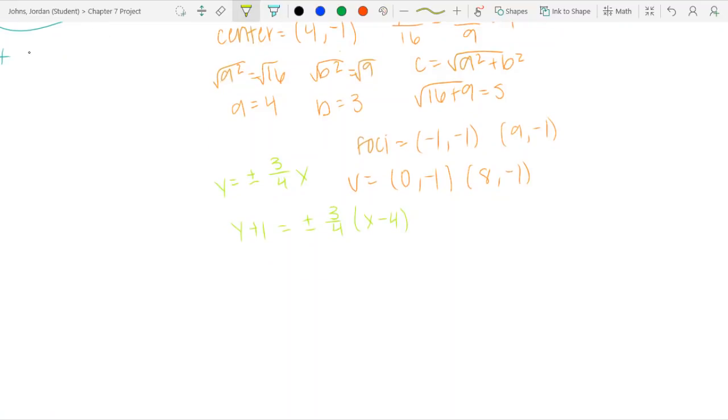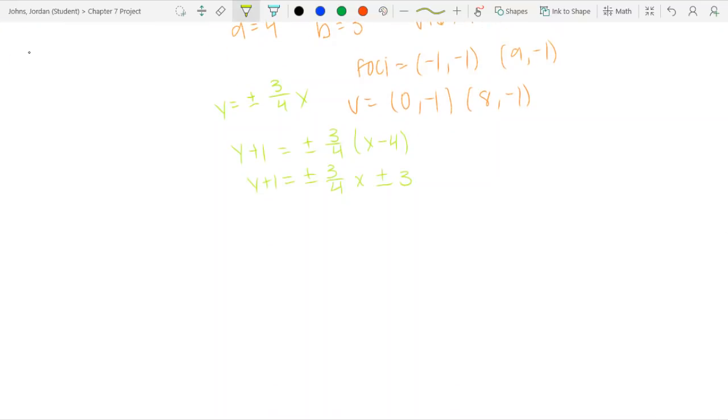If we continue this on, we get y equals 3 over 4 x minus 4, and y equals negative 3 over 4 x plus 2.